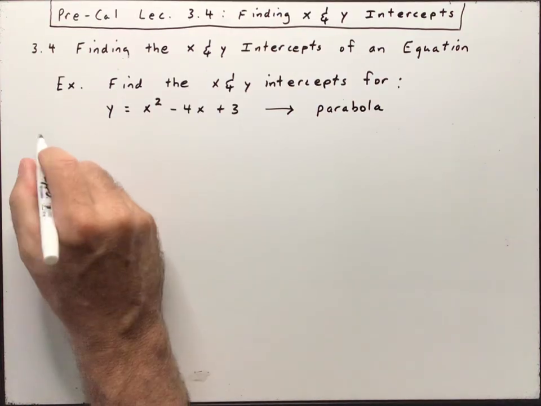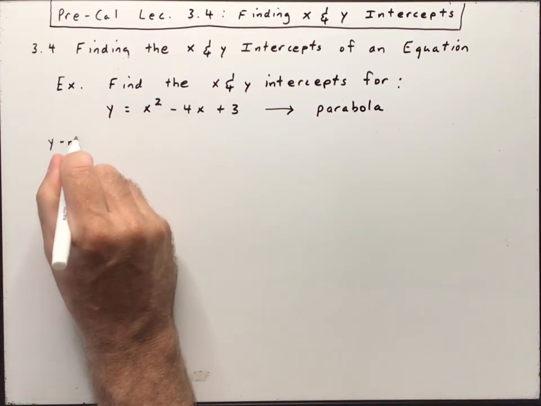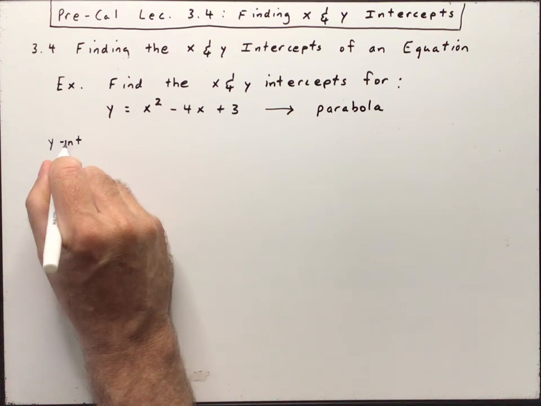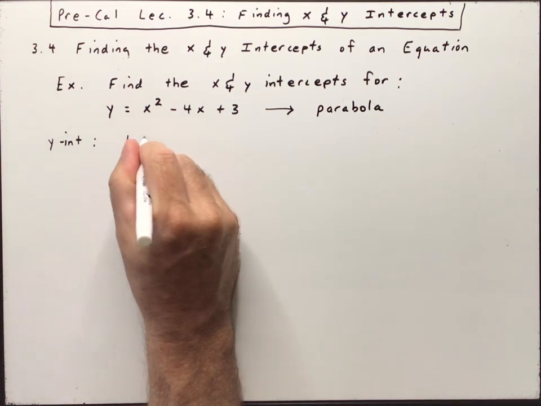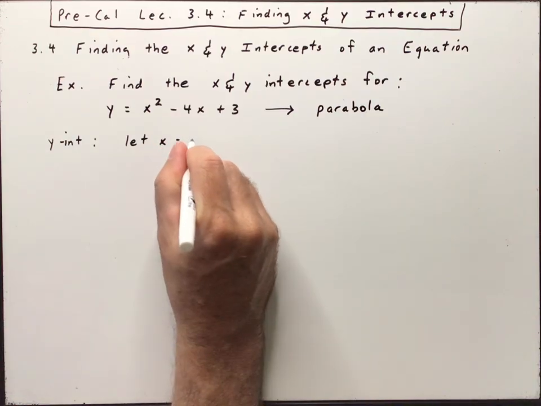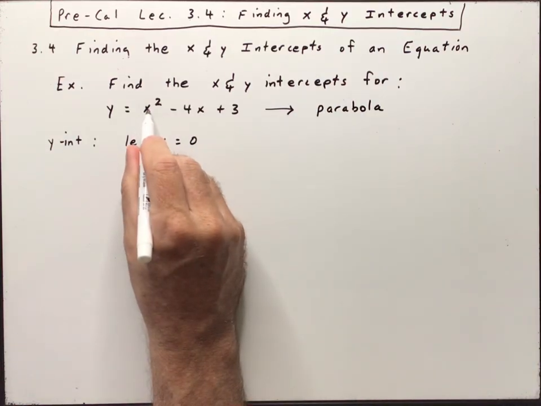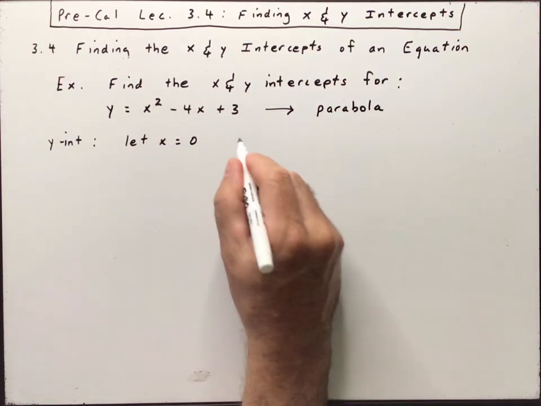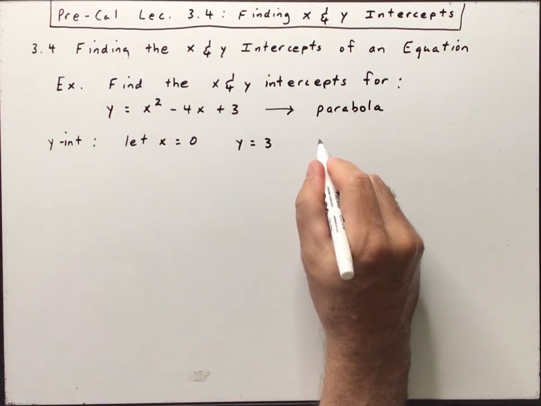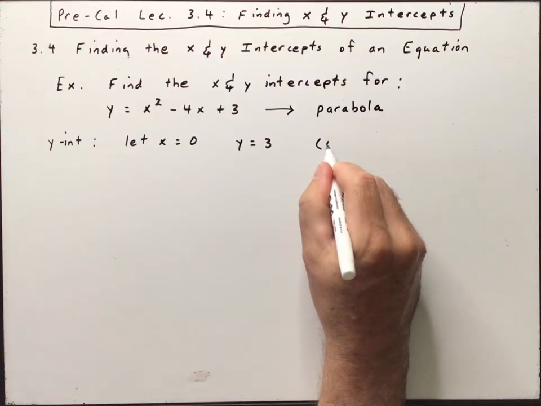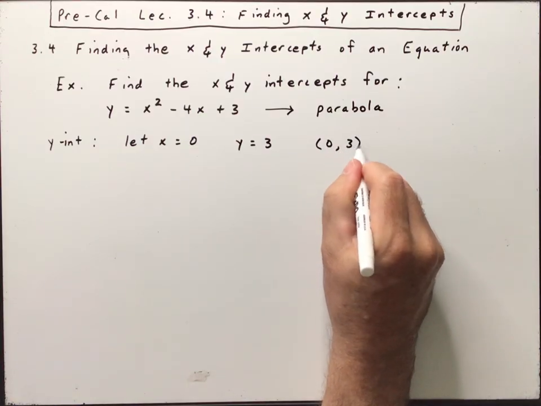So to find the y-intercept, we're going to let x equal 0. So we would zero out these terms, and all we have left is y is equal to 3. So the y-intercept is at the point 0, 3.